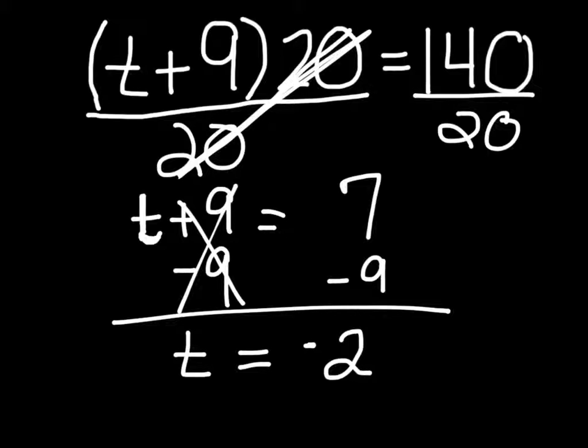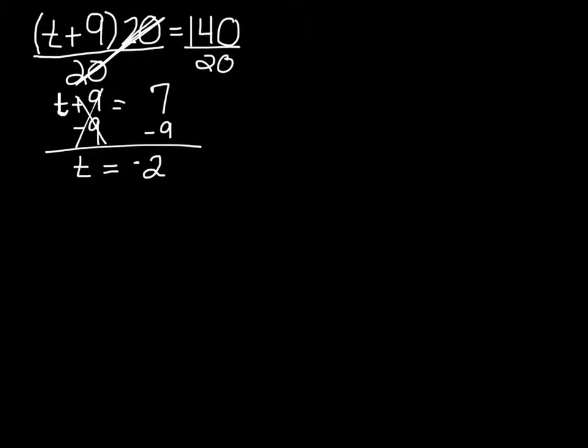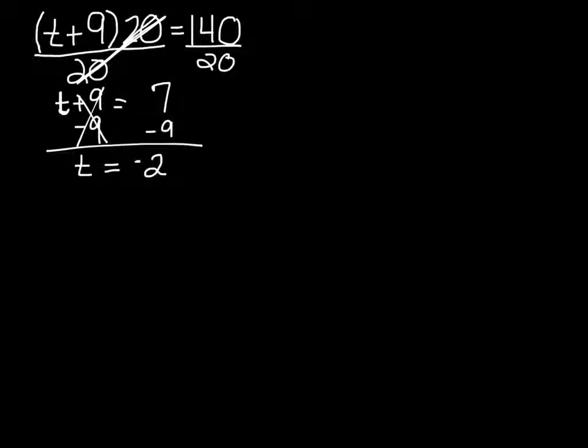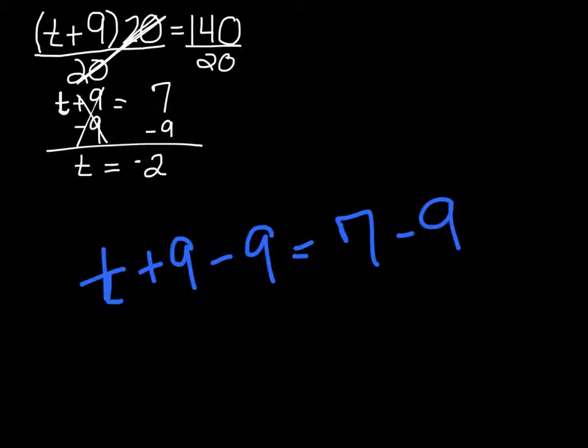Okay, so if I wanted to do it the old way, let me do a different color. So if it was t plus 9, then I would know in my head, so I would do minus 9 equals 7 minus 9. I didn't know if you always did it that way, but sometimes when I flipped it, I got it right.